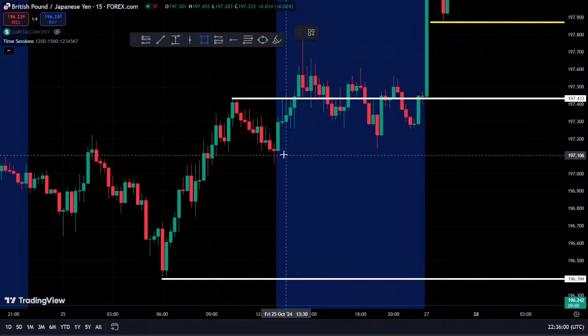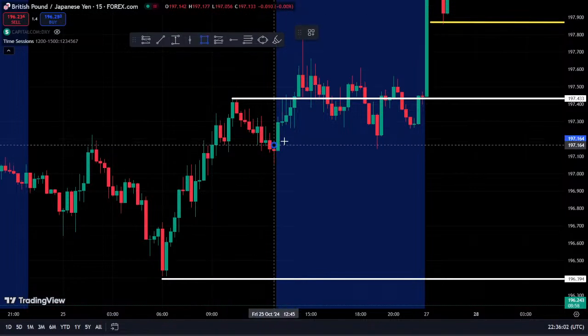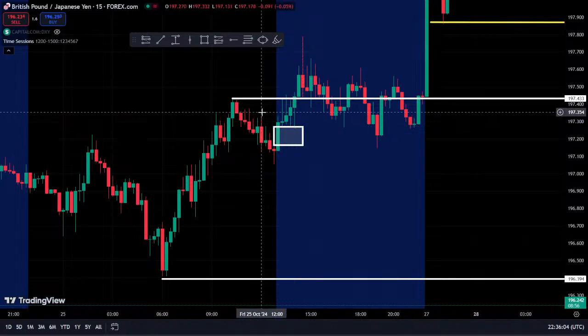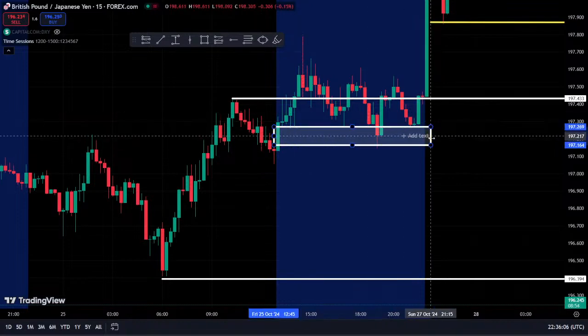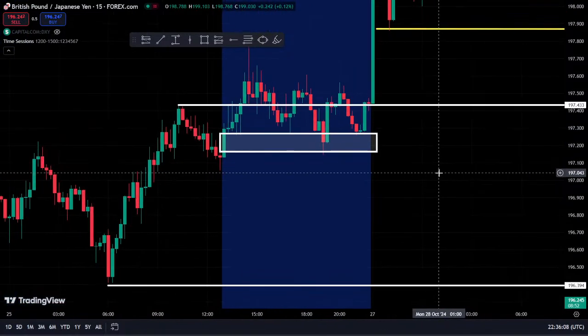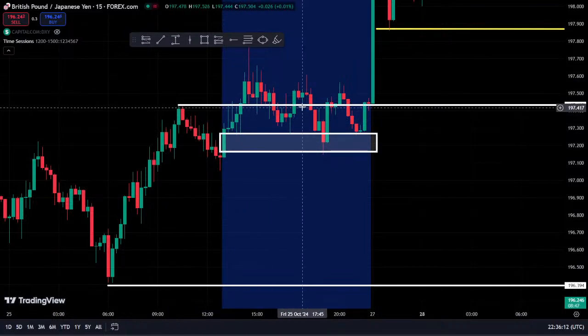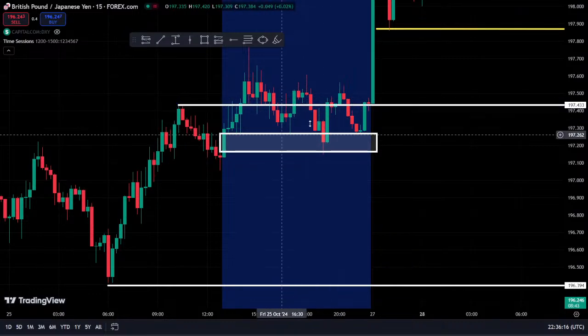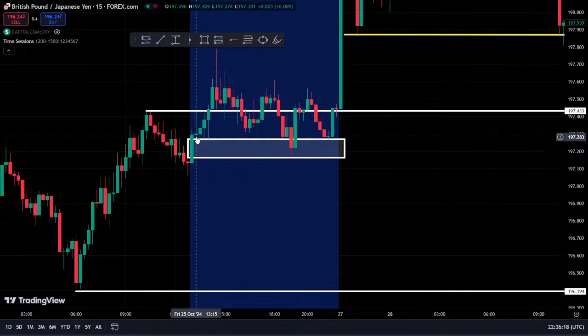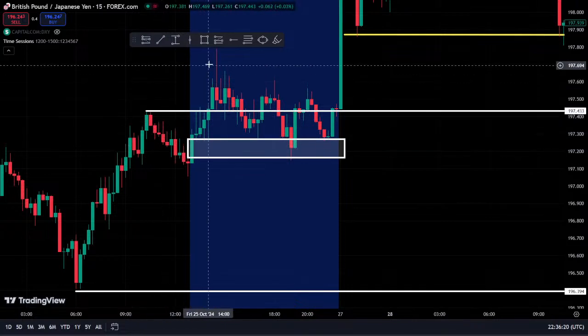Let's mark that. I'm pretty sure there's one fair value gap here, but that's mitigated. So yeah, liquidity sweep.